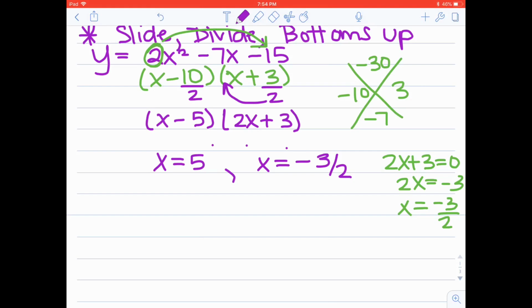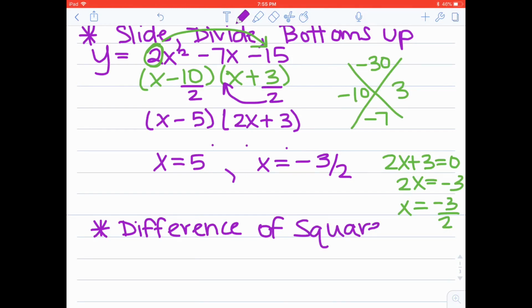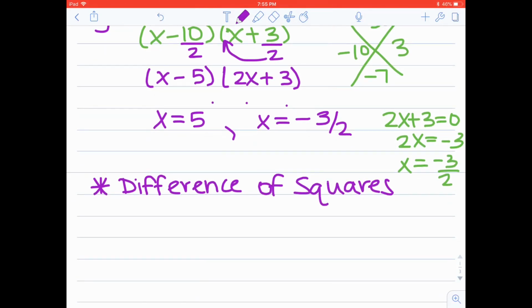You should be pretty familiar with that. So here, I'm going to say that we're doing y equals x squared minus 25.